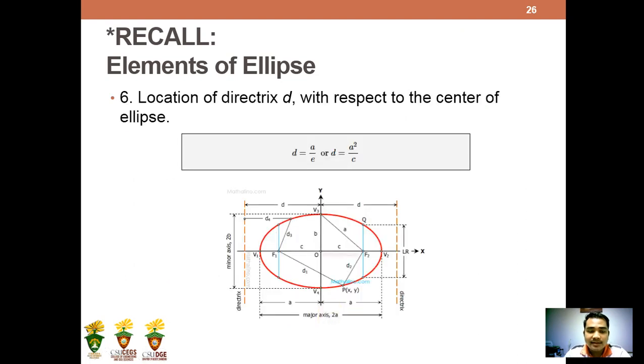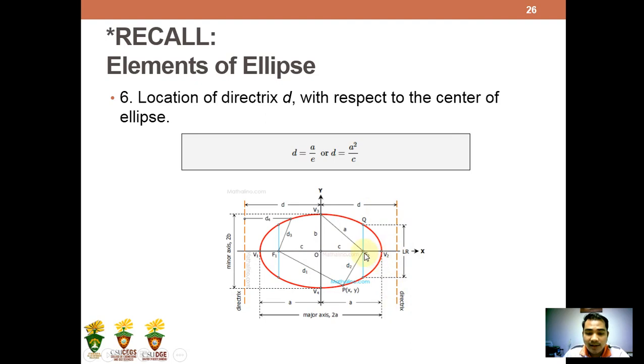Next element is the location of the directrix. No? Directrix, which is with respect to the center of the ellipse. No? In this case, ang iyang directrix is kaning orange, no? Orange. So ang directrix niya malocate siya, no?